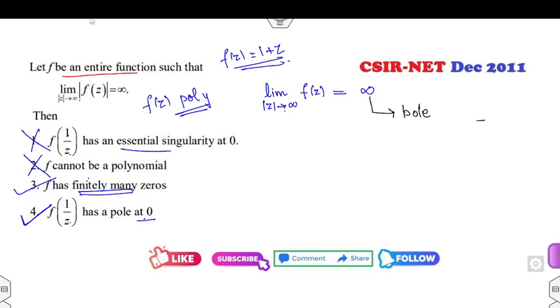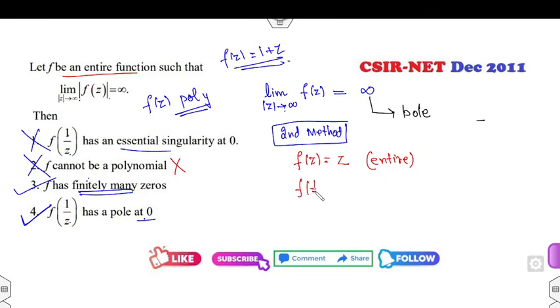There is one more method. The second method is, can you think of any function which will satisfy this property? You can see f(z) is z. This is an entire function. Also the limit is infinity. So again, f can't be a polynomial, cancel out. Now 1 over z.